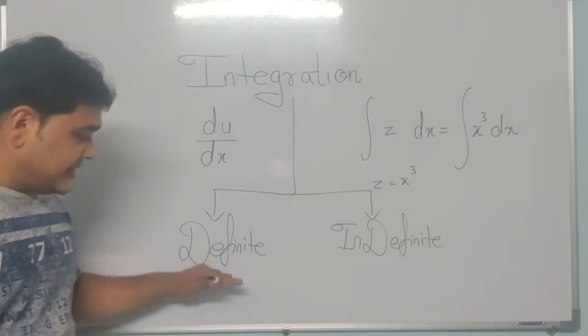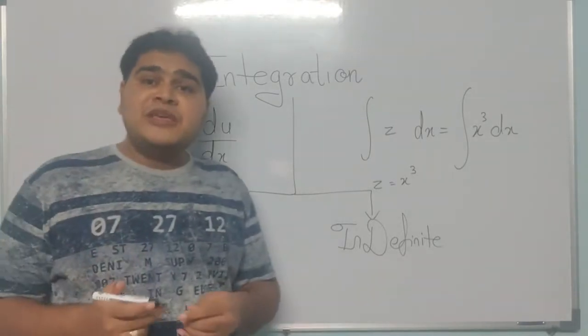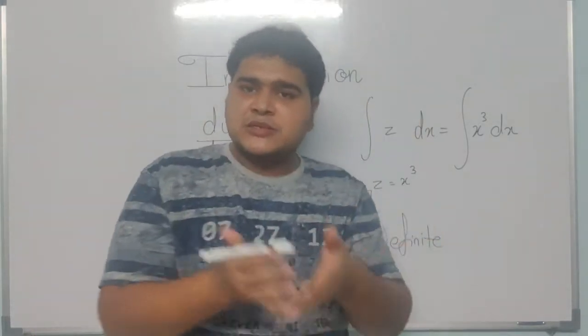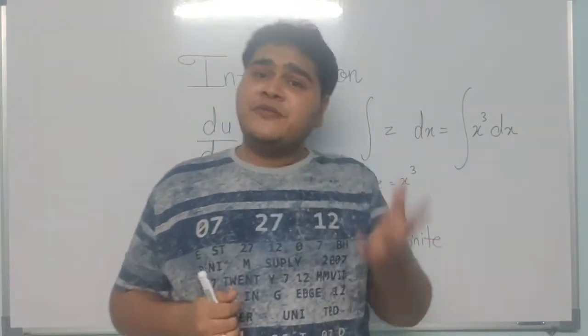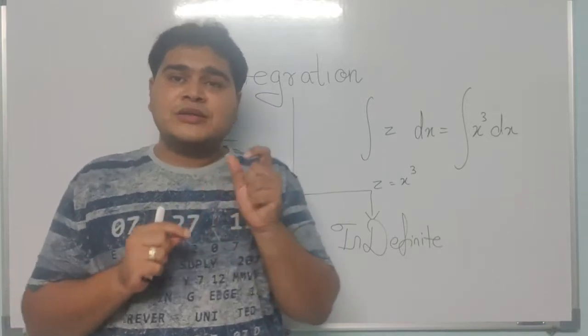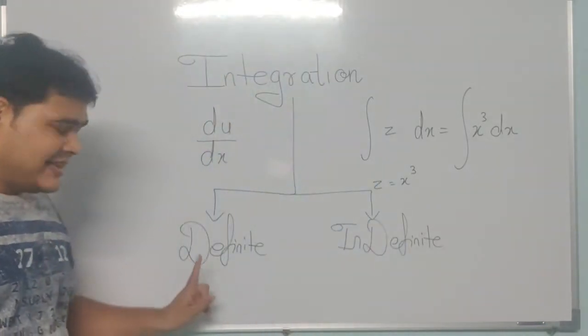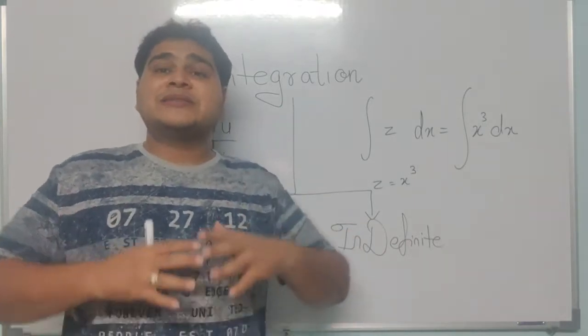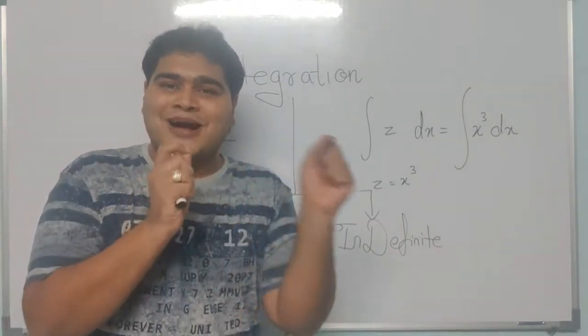Yes, guys, definite means I am giving you the limits, the lower limit and the upper limit. The example which I gave you, 1 to infinity or 1 to 2 with a small interval, that's definite. So I'm giving you the boundary between which I want to find the sum of all the small parts.